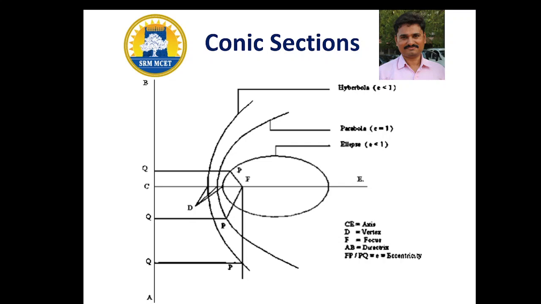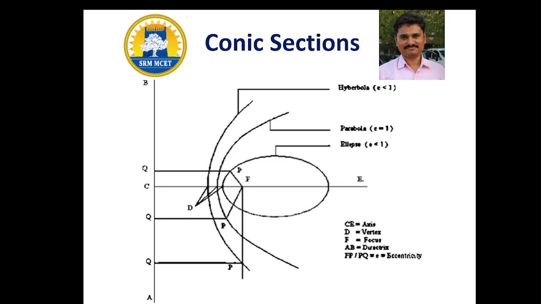As we discussed earlier, F is the focus point, D is the vertex point, and AB is the directrix, and the line CE perpendicular to AB is the axis. Based on the distance of F and D, we can get various curves. In the hyperbola curve, the FD value is greater than the CD value.